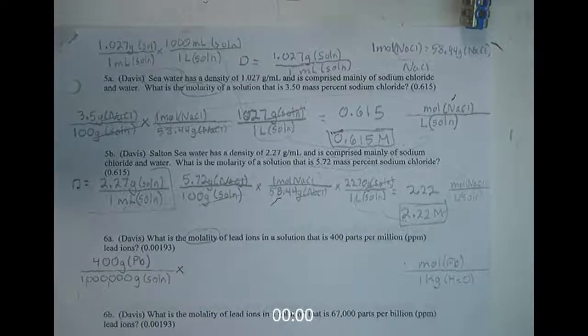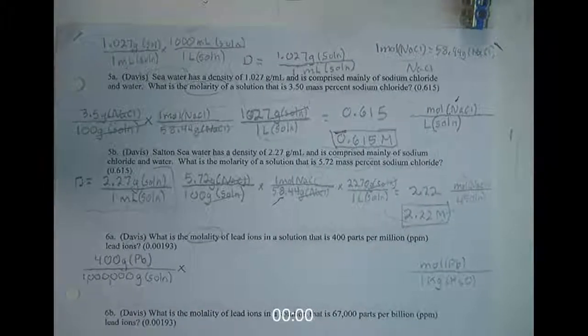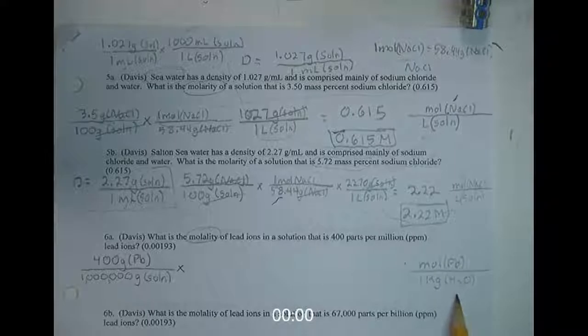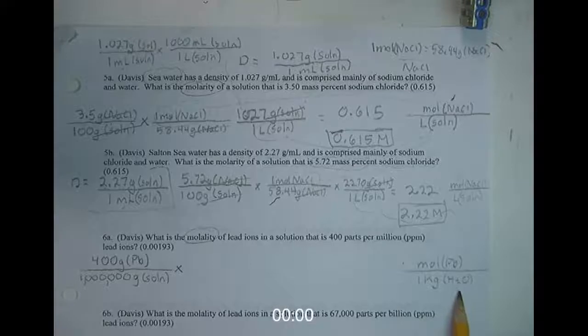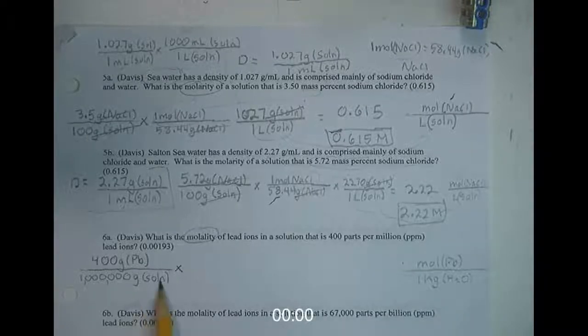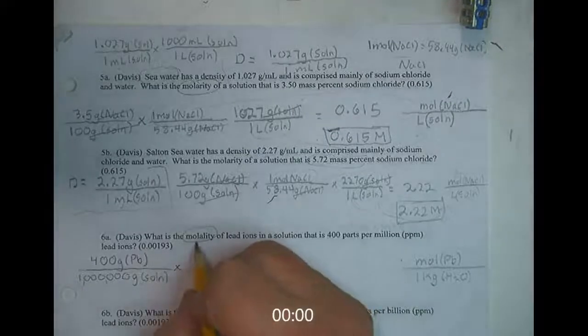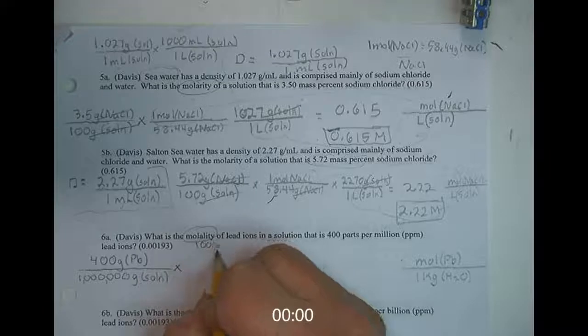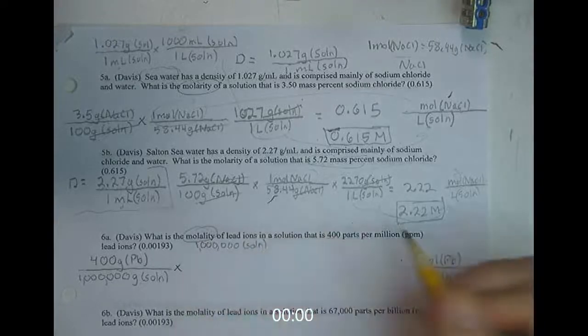All right, now what do we do? Well, grams of solution, we need to get to kilograms of water. That's our solvent. That's not the solution. That's just the solvent. So how do we do that? We have to do a conversion between the grams of solution and the grams, before we get to kilograms, even, the grams of solvent, of water. How do we do that? Well, think about it. You got 1 million grams of solution, and you got 400 grams of lead.